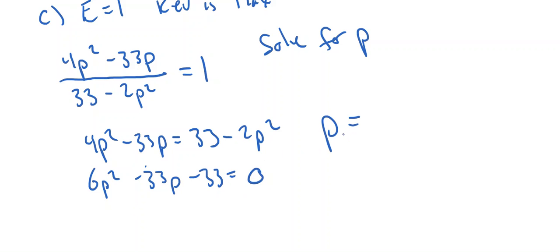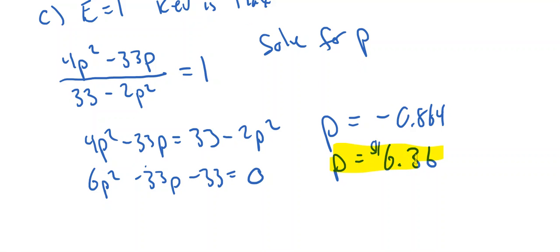P ends up having a negative answer, negative 0.864, and it has a positive answer, which is 6.36, rounded to the nearest penny. Remember, this is a price, so this is in terms of dollars. Now, this is the only answer we want to consider. We obviously do not want to consider a negative price. So we need to sell these t-shirts at $6.36 in order to maximize our revenue.